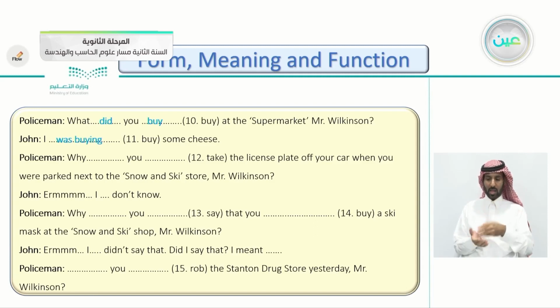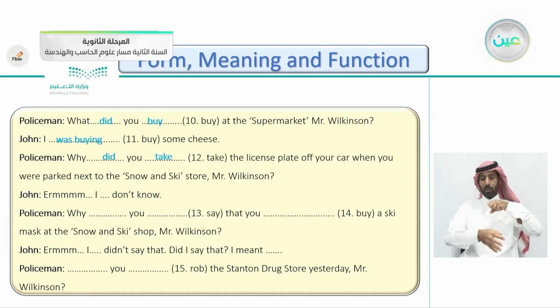Very good. The policeman, why did you take the license plate of your car when you were parked next to the snow and ski resort, Mr. Wilkinson? John said, I don't know.